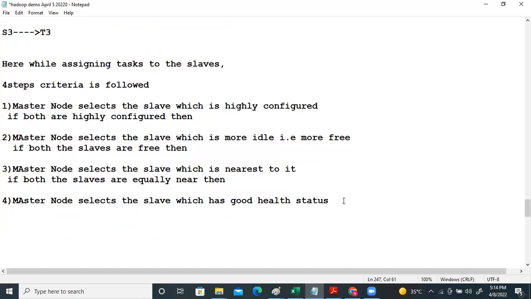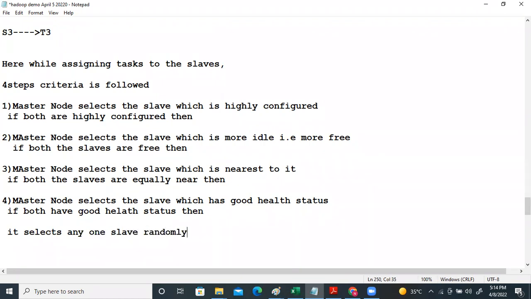Now and then one particular slave is down because of some hardware level issue. So the master node selects the slave which has good health status. If both have good health status, then in the extreme case, it selects any one slave randomly.